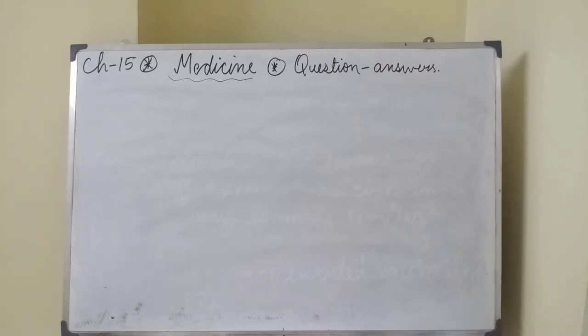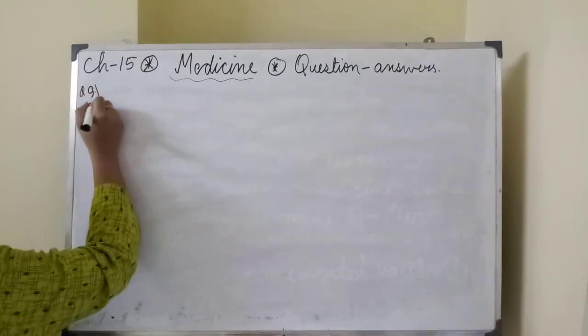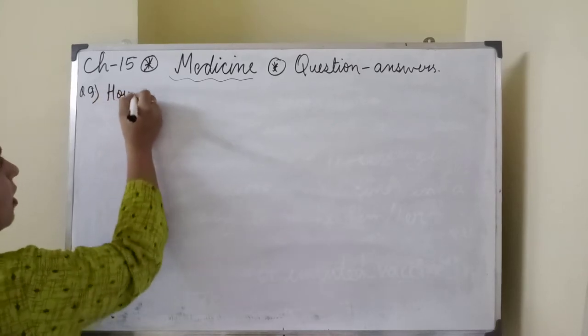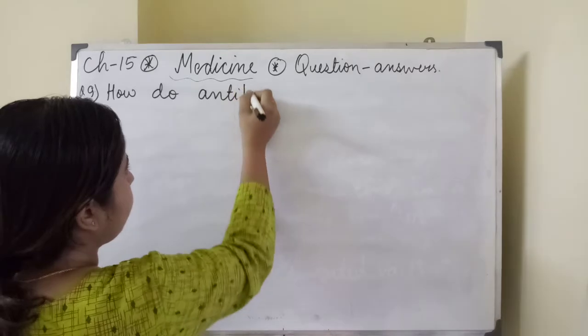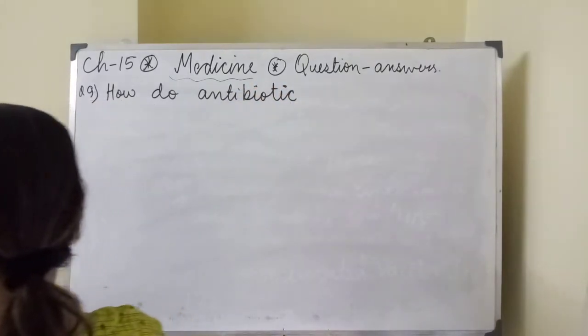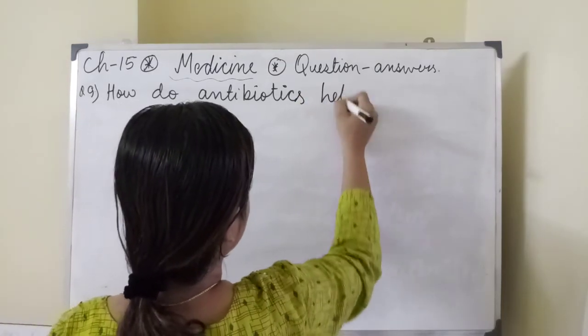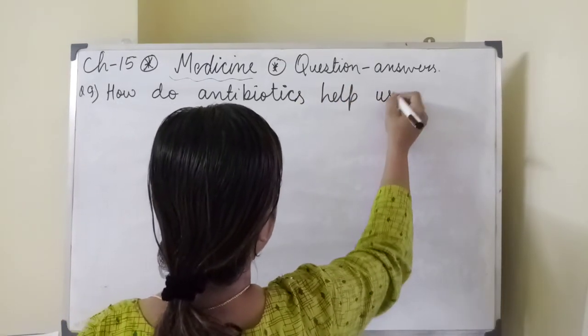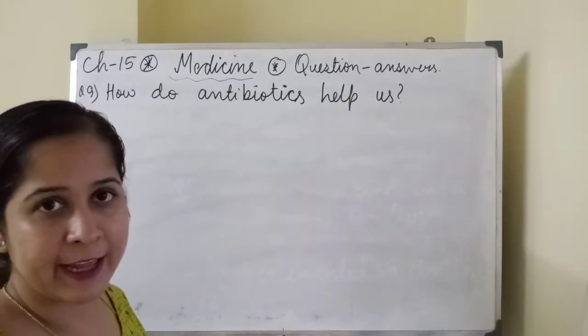Now let's move to the last question of this chapter. It is question number 9. It is, how do antibiotics help us? इसमें it means कि एंटीबायोटिक जो है वो हमारे लिए हेल्पफुल कैसे हैं.